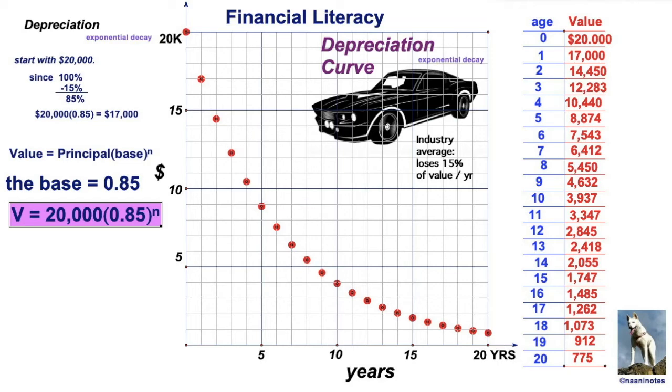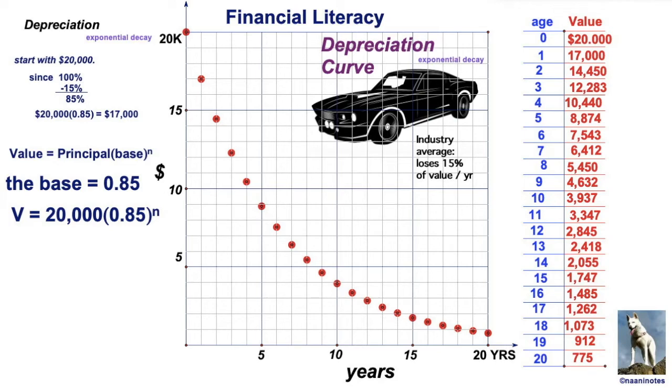So I'm going to write my equation this way. The value of the car is $20,000 times 0.85 to the nth power. So you see, we can skip, right? We don't have to go one at a time, like 1, 2, 3. We don't have to do that. No. We can do it the smart way.